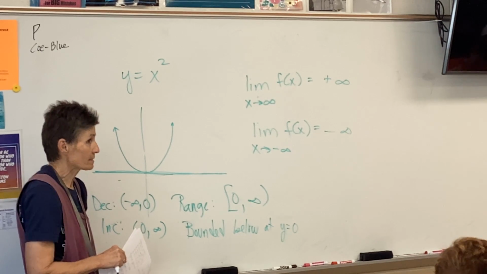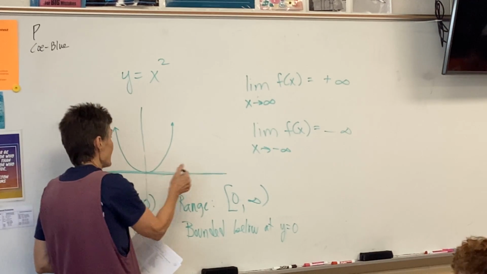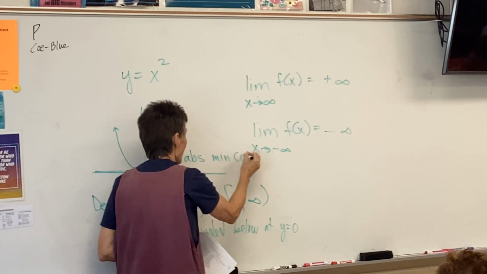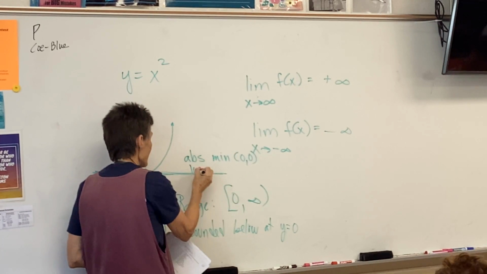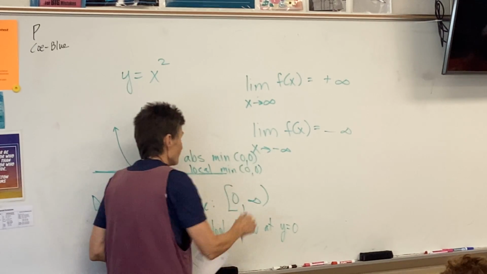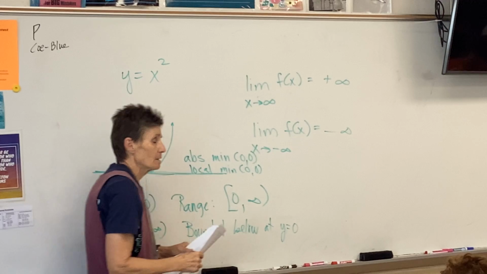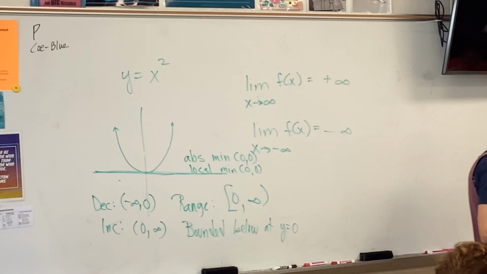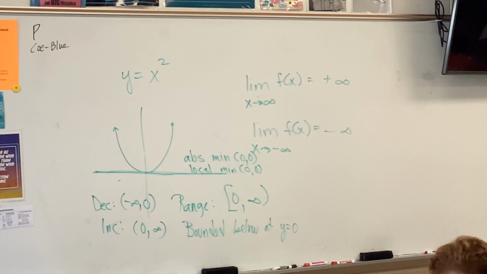No high points, but it has an absolute minimum at the origin and a local minimum at the origin. Local means on that part of the graph, you're the low point. Absolute means on the entire graph, you're the low point. And that point's both.